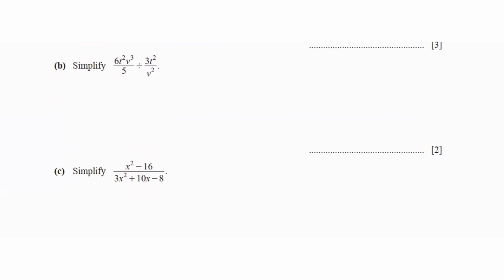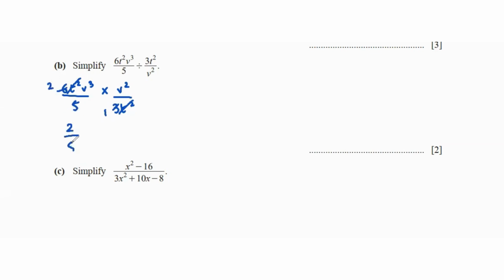Simplify 6t squared times v cubed over 5, divided by 3t squared over v squared. So we'll take the reciprocal of the second fraction and turn division into multiplication. So we'll have v squared over 3t squared. As we can see, there's a t squared over here, which cancels. 3 ones are 3, 3 twos are 6.